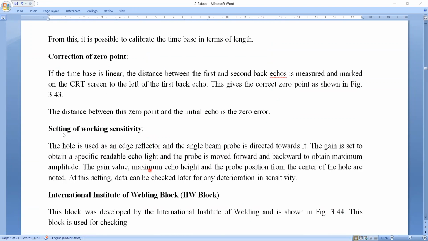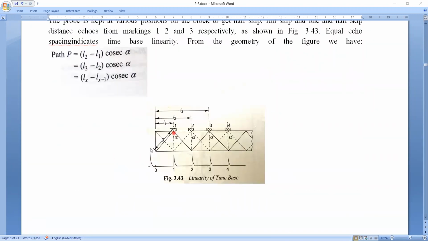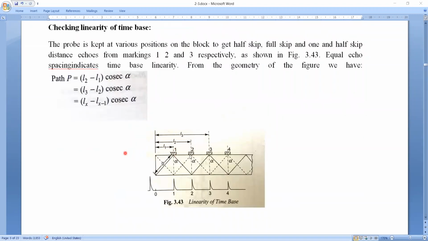We also test the sensitivity, the working sensitivity. How do we measure the working sensitivity? We move the probe on this block, forward and backward, and measure the maximum amplitude. If we get more amplitude, there is more sensitivity. If we get less amplitude, there is less sensitivity.